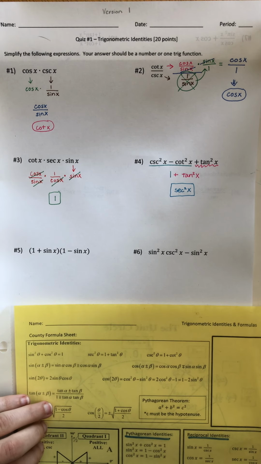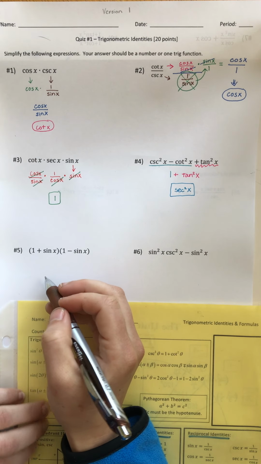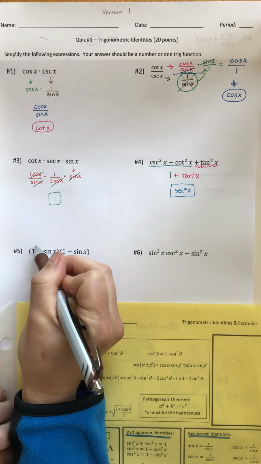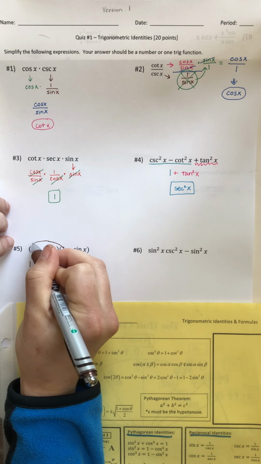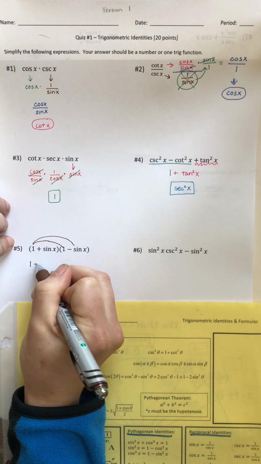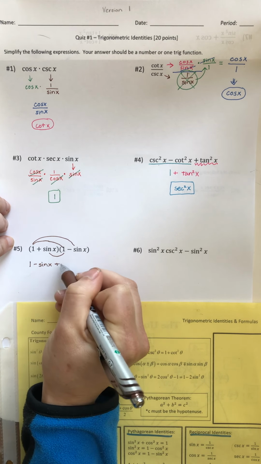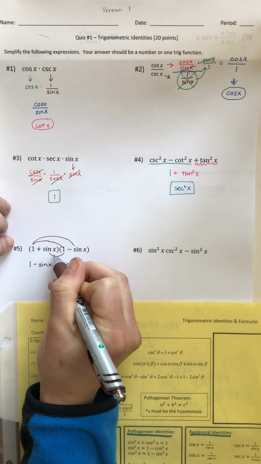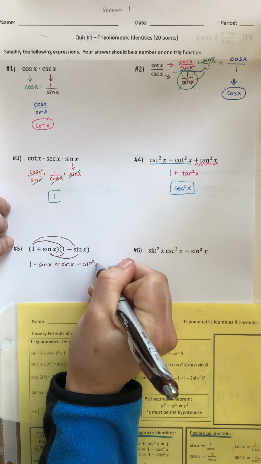For number 5, we have a setup for a distributing problem. So I'm going to do 1 times 1, you get 1. 1 times negative sine x is negative sine x. Sine x times 1 is positive sine x. Sine x times negative sine x is negative sine squared x.